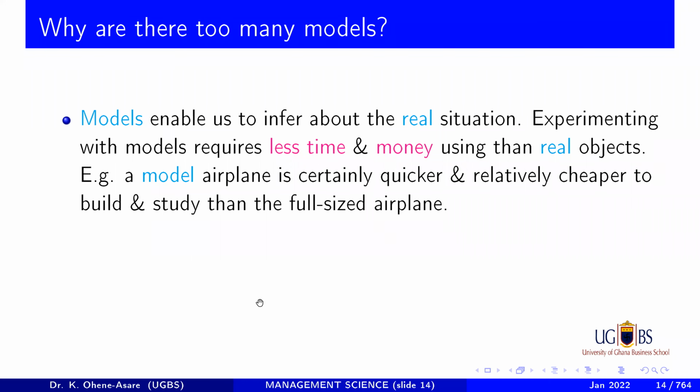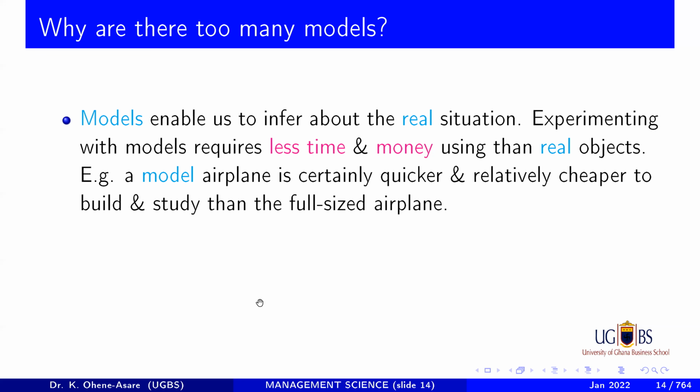But if you want to go into real life like this, it's not going to be easy, because in real life, things are complex. So we use models in management science. In management science, we'll be experimenting with models, because models will save time, because you are not dealing with a real artifact. The models will also help you cut down costs, and you save a lot of money.